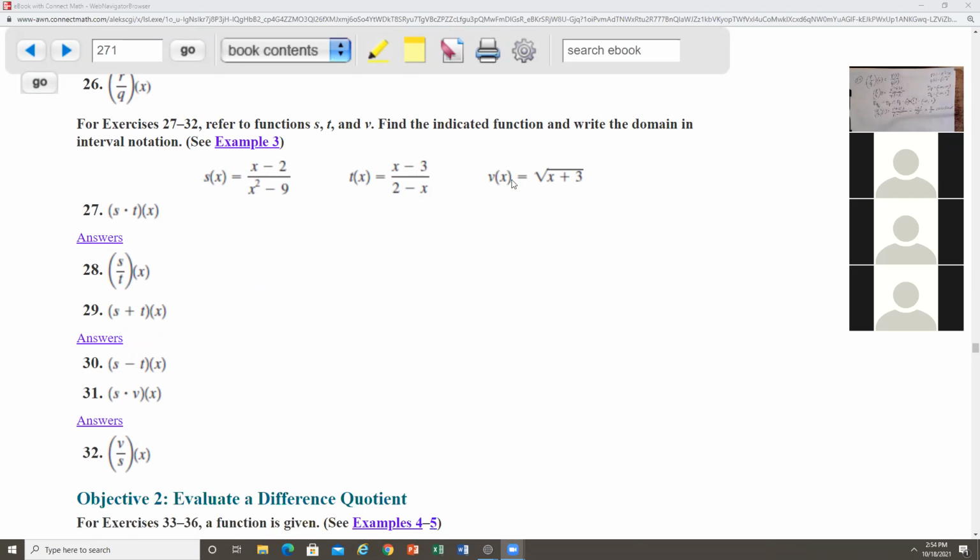S of X, T of X, and V of X are defined accordingly. And then they're going to have you use those functions to form new functions like S times T of X, S divided by T of X, S plus T of X, S minus T of X, and S times V of X, and V divided by S of X. Does anybody want to see any of these problems done here? 27 through 32. Is there one that you would really like to see done?